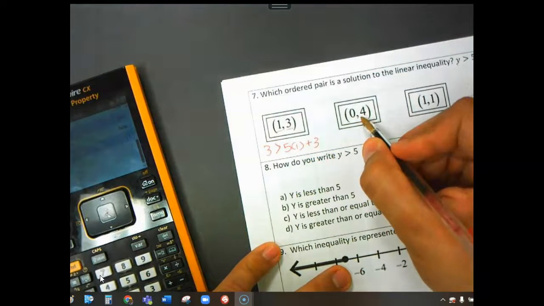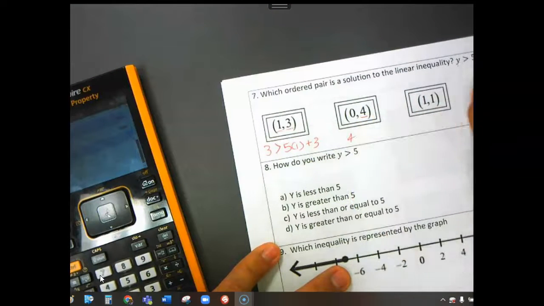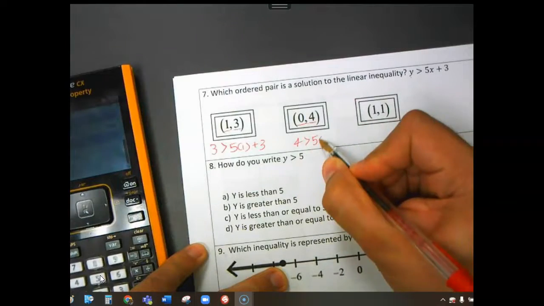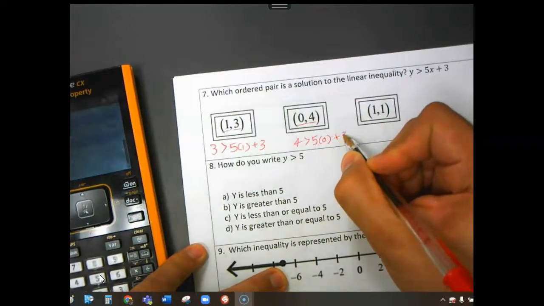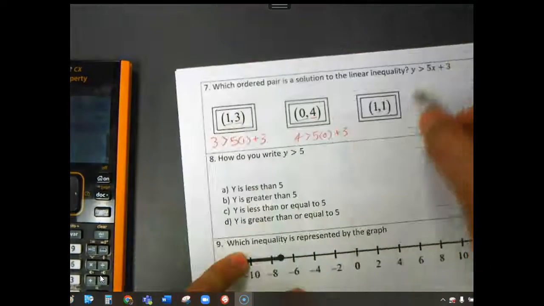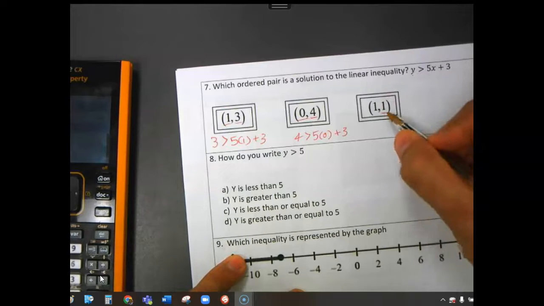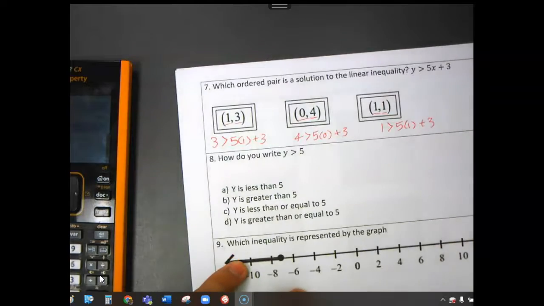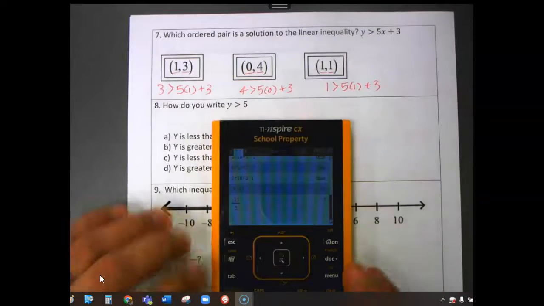Y, which is 4, greater than 5x, where the x value is 0. Don't forget the plus 3. And then last, y is 1, greater than 5x, which is also 1. Don't forget the plus 3. So let's type these in the calculator and see which one gives us the right answer.